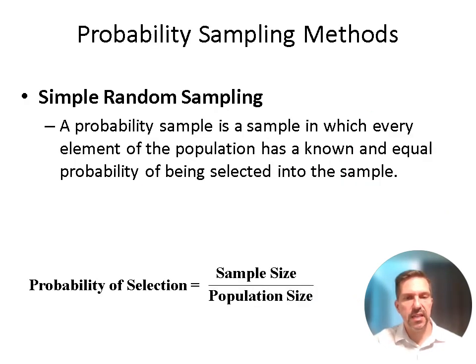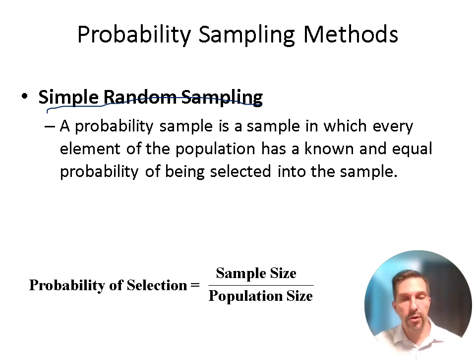So let's start discussing the different probability sampling methods. These are the ones that are less intuitive but have better properties. So let me walk you through the easiest one of all the probability sampling methods, or at least the most intuitive, which is called simple random sampling. Simple random sampling is basically when every unit in the population has the same probability of being chosen, right?